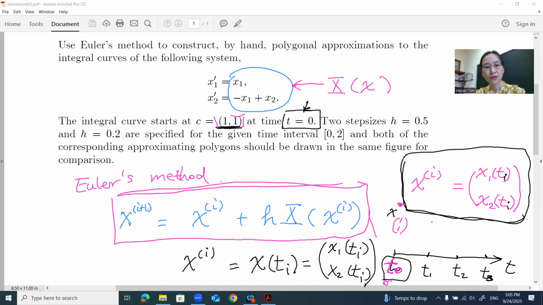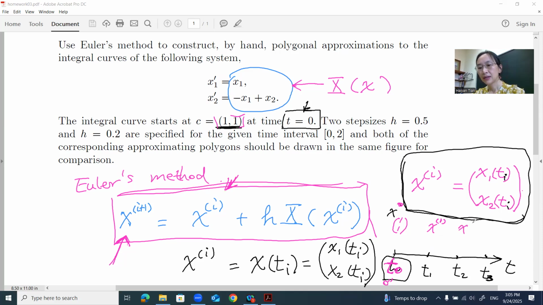You see, from x0, you can possibly get x superscript 1. So you will get a new vector x1. And once the x1 is found, you can find x2. So here from x0, another vector which is denoted by x superscript 1 at t1.